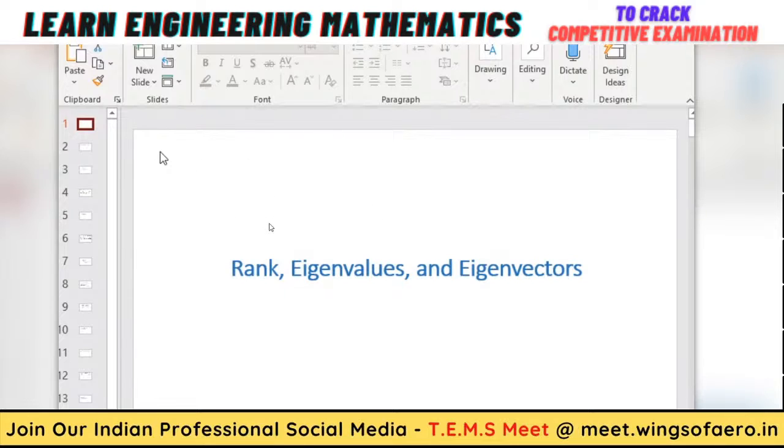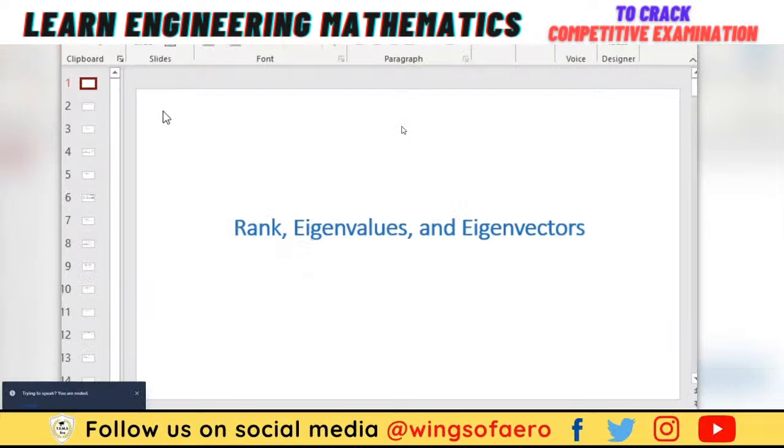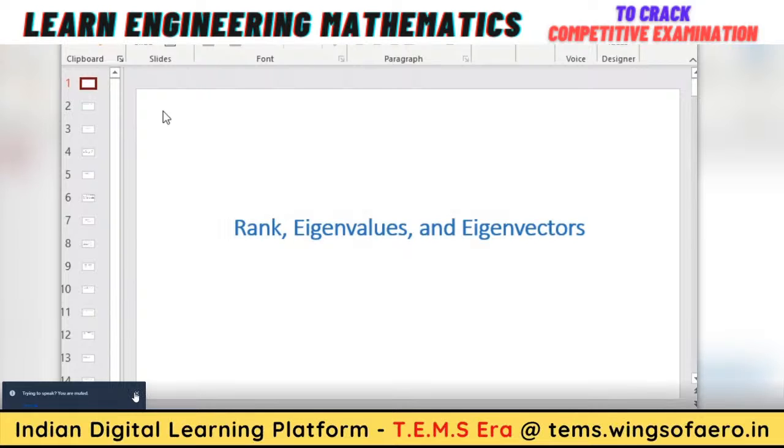Okay, so today we will discuss some special problems on rank, eigenvalues, and eigenvectors. Special means that in general you all know how to find the rank, eigenvalues, or eigenvectors. This is easy to calculate. There are two methods to calculate the rank.